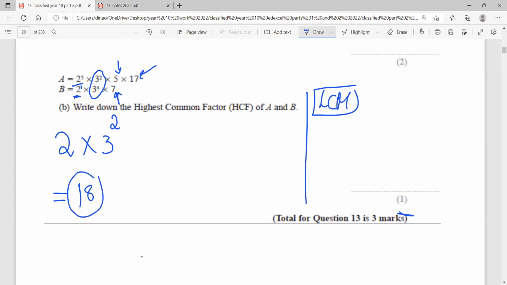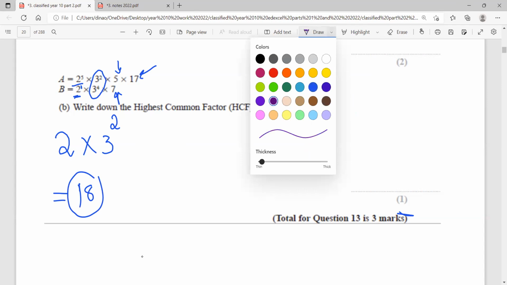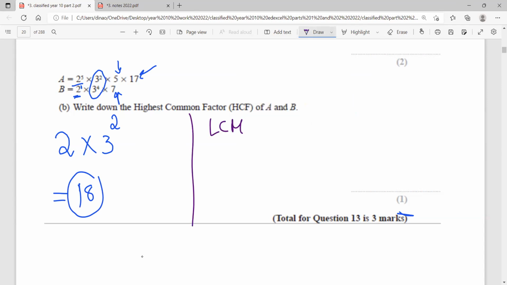So for the HCF, I go look for the common factors, okay? And for the common factors I select the smaller power. What about the LCM? Please, draw a line in the middle here and add LCM. What if the question says find the LCM? Let's first see, if I am given a question like this and I am required to find the LCM, what do I do?